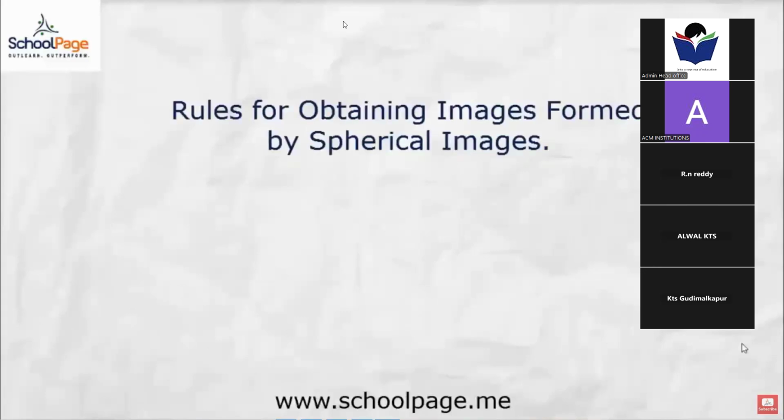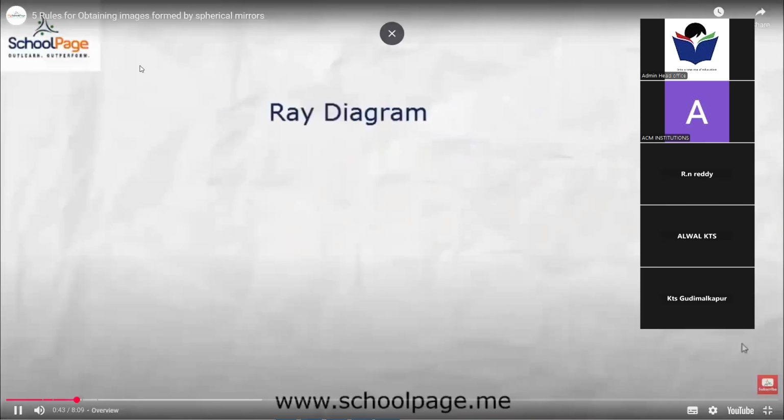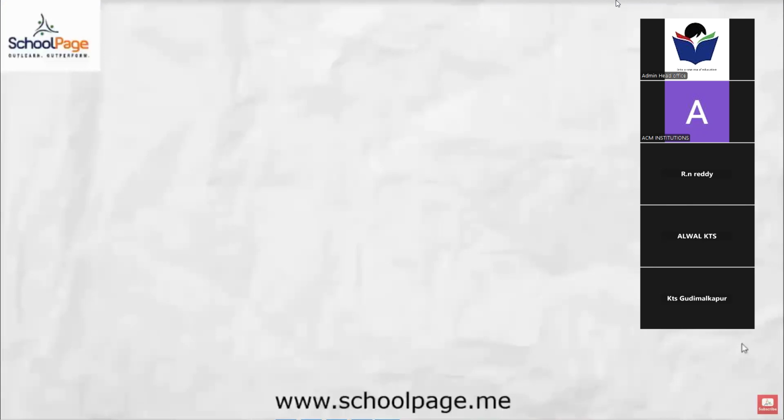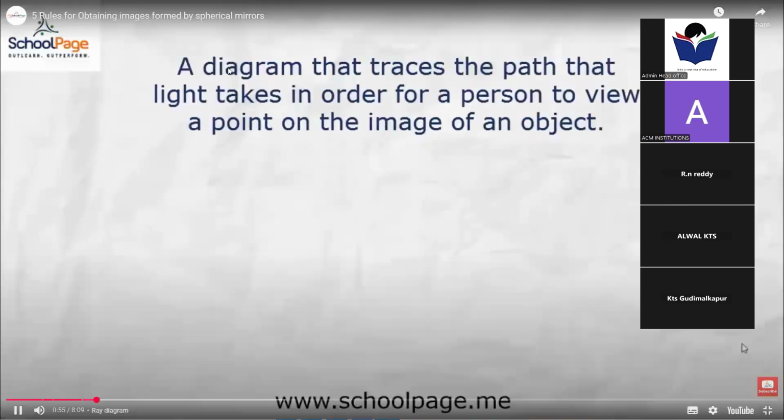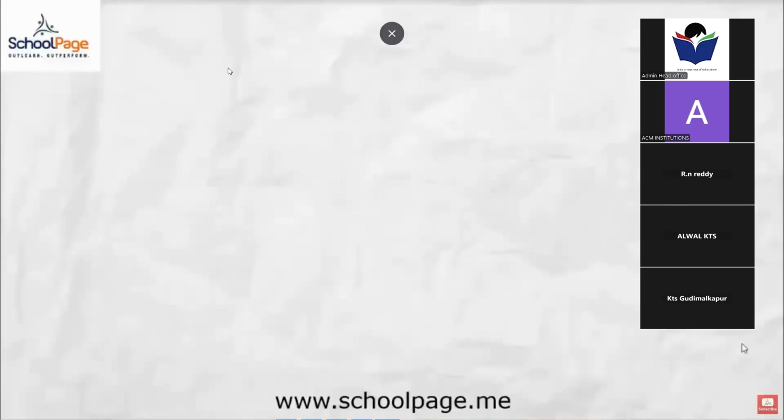We can study the formation of images formed by spherical mirrors using ray diagrams. Ray diagram is a simple method of representing in which direction the incident rays get reflected. So a ray diagram can be defined as a diagram that traces the path that light takes in order for a person to view a point on the image of an object. Complex objects such as people can often be represented by arrows.